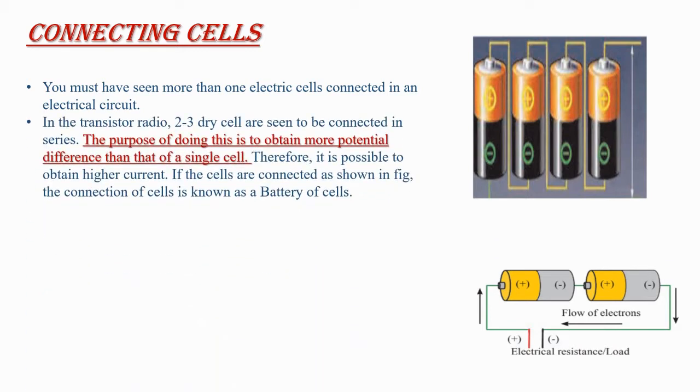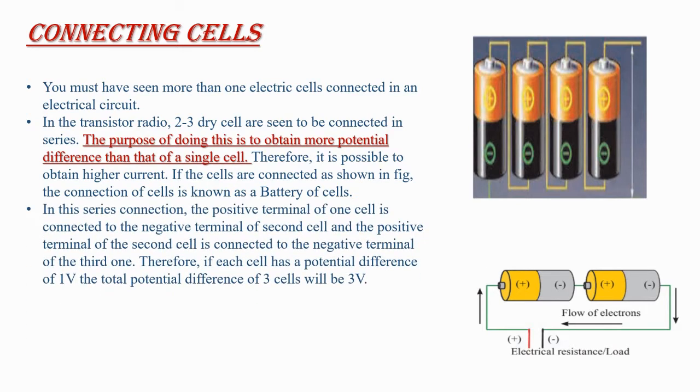In a transistor or radio, 2-3 dry cells are seen to be connected in series. The purpose of doing this is to obtain more potential difference than that of a single cell. Therefore, it is possible to obtain higher current if the cells are connected as shown in the figure. The connection of cells is known as a battery.